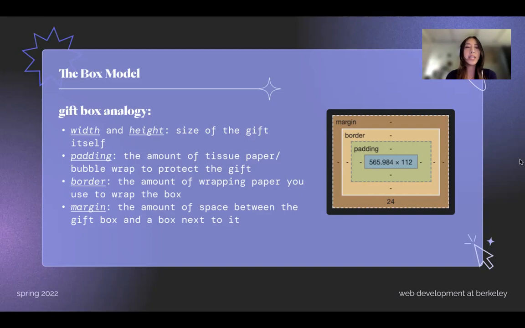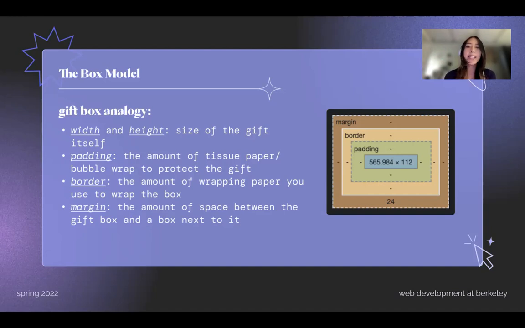A good analogy to think about it is a gift box. We'll start from the inside and go out. At the very inside, the little blue square with the numbers in it, you'll see the width and the height of your element. You can think of that as the size of the gift itself, the item itself.